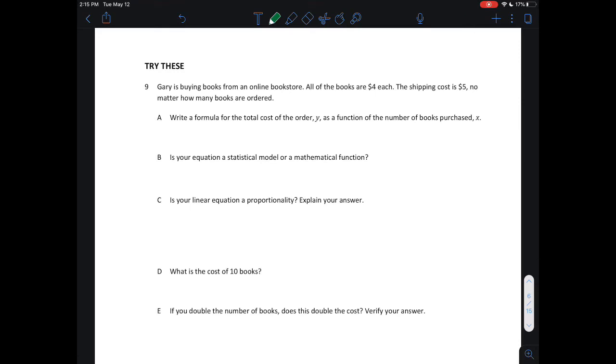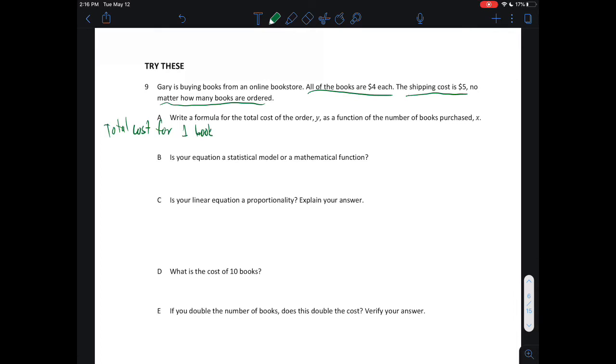We've got shipping cost, which is $5. And notice that shipping cost is no matter how many books are ordered. And then all of the books are $4 each. If you're trying to think of a formula, try to think of what we did in previous examples. Do some simple examples to help you come up with a formula. So for example, what is the total cost for one book?